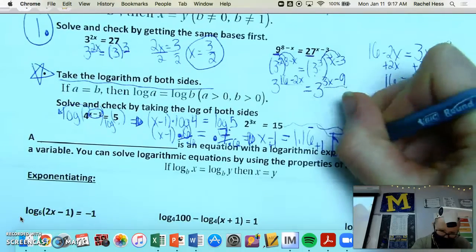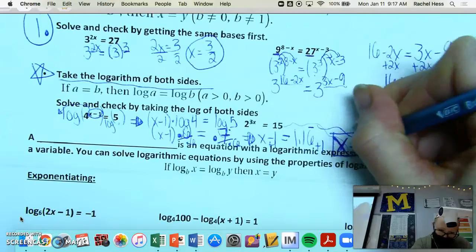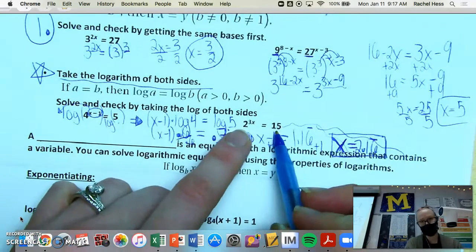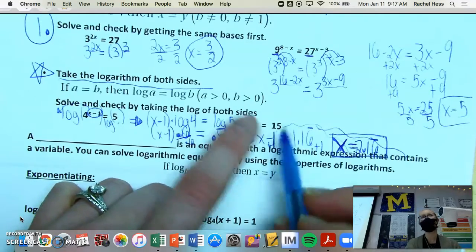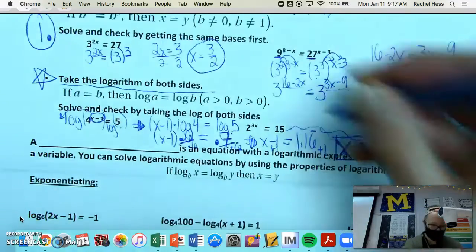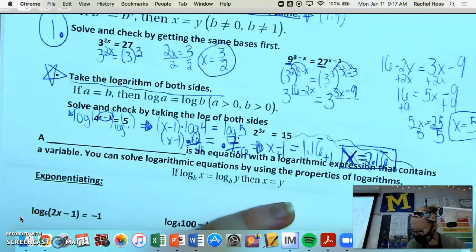And remember, you really only should be using this calculator when you can't change your base. And I'm going to be looking for you to change base first, unless you can't. So once again, here, can't change your base. 15 and 2 don't have any common factors, right? So I'm going to have to take the log of both sides.